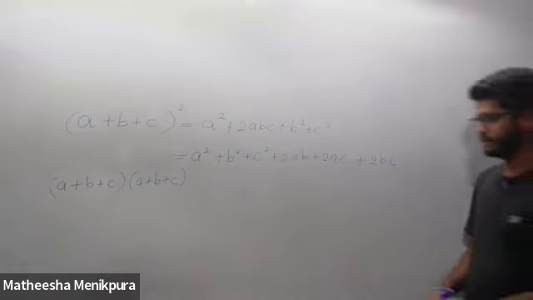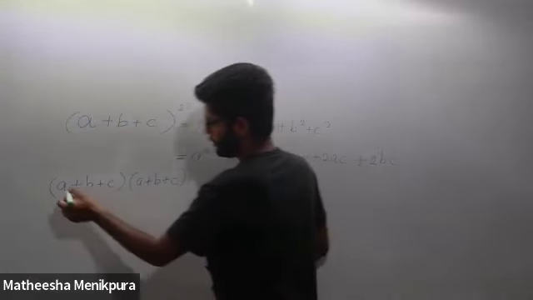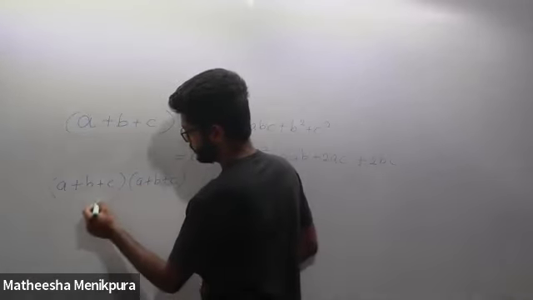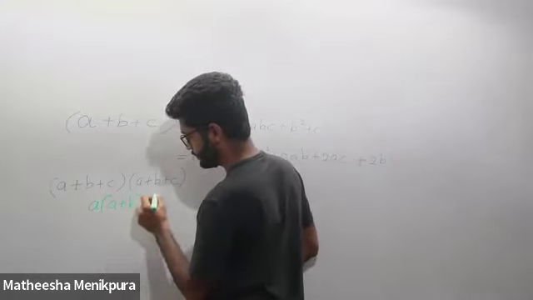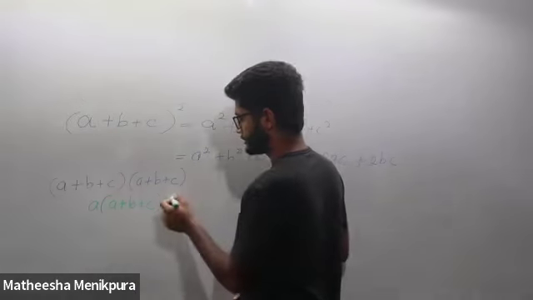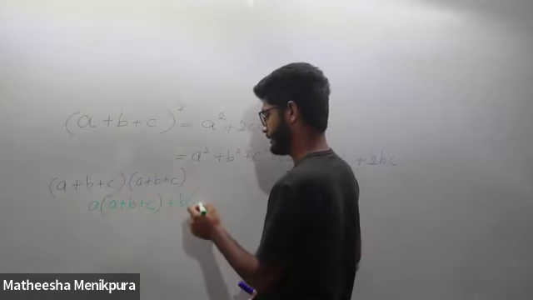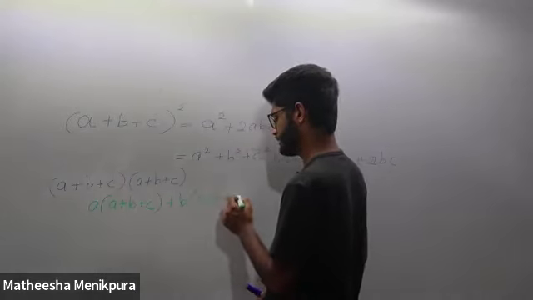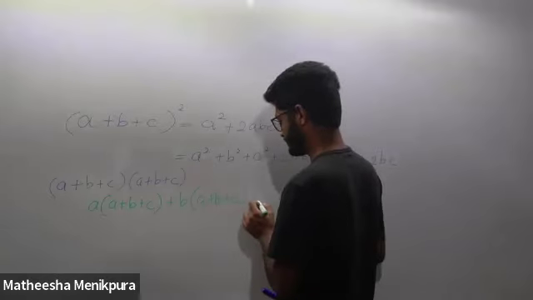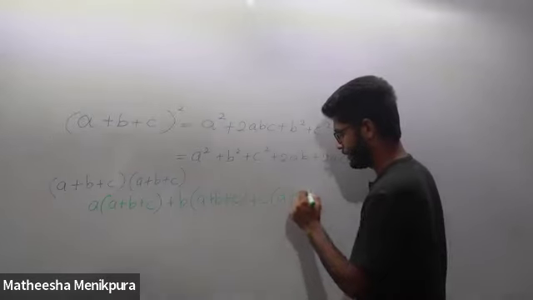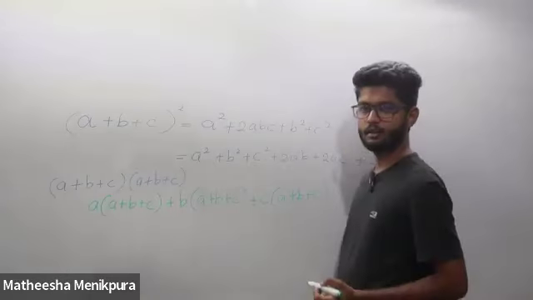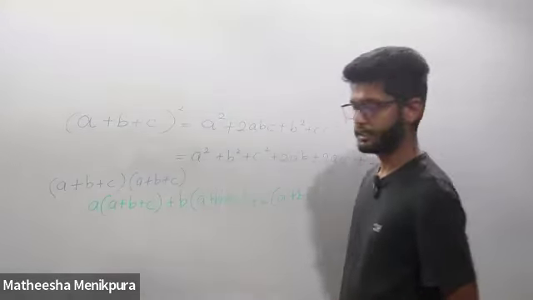I'll take another marker. Then multiply this bracket by a times (a plus b plus c), plus b times (a plus b plus c), plus c times (a plus b plus c). That is it.